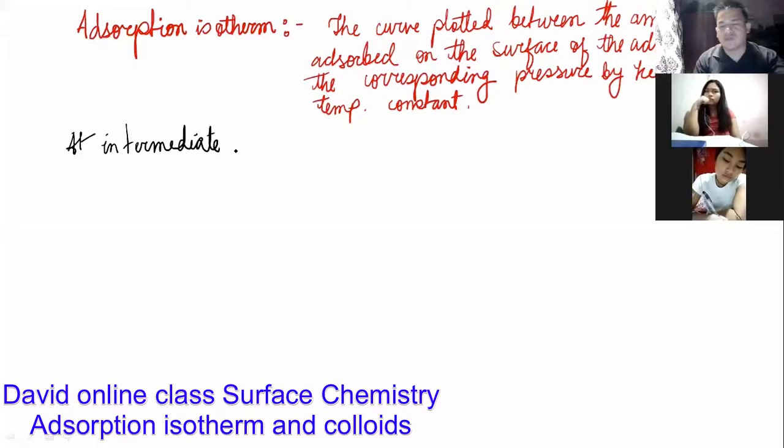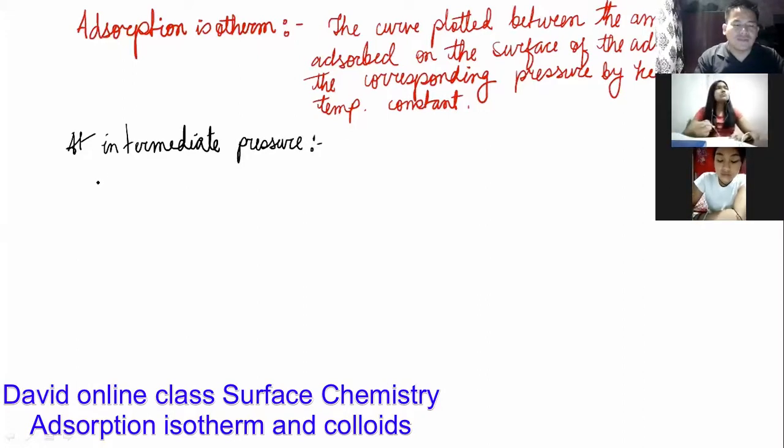If the pressure is too high, we're going to get a point of saturation, and that is not going to help us in determining the appropriate extent of adsorption. So graphically, if you want to study, we're going to study at intermediate pressure. So we're going to discuss Freundlich's.